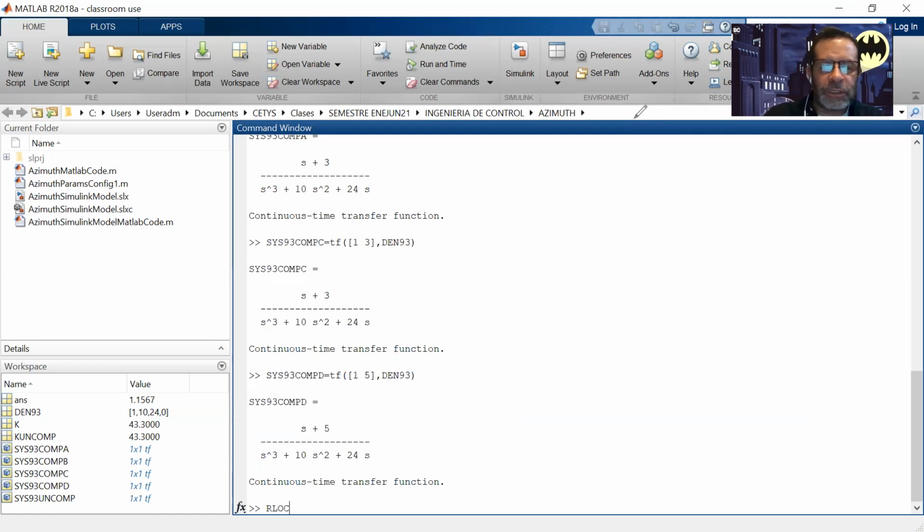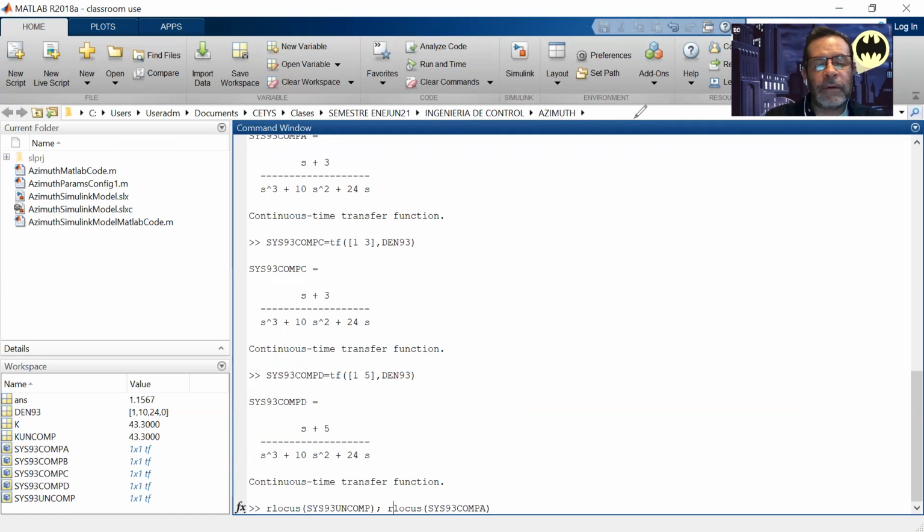And I'm going to do the root locus of each, just so we can compare them. I'm going to do the root locus of sys93 comp A, and the root locus of the uncompensated system, sys93 uncomp, so we can compare them.